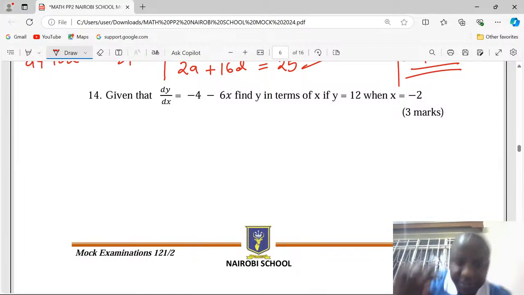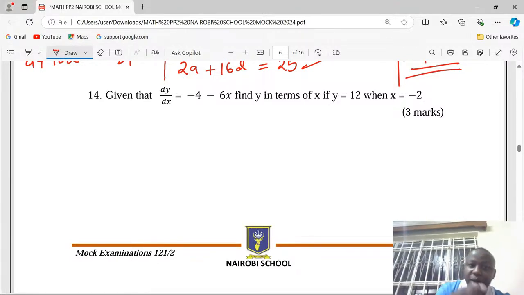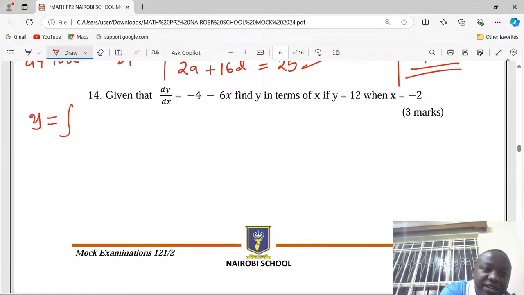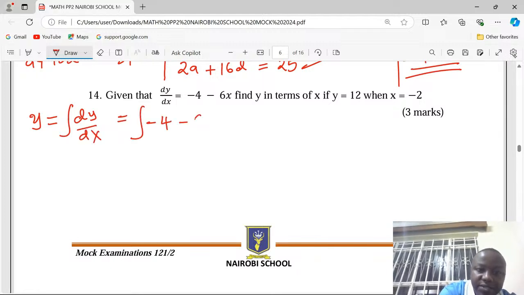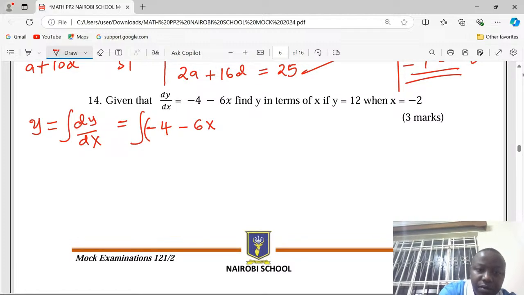So if this function has been differentiated to give us this, then we can do the antiderivative, or rather the integration, for us to get back our y. So for us to get y, we need to integrate the gradient function, which means we need to integrate negative 4 minus 6x with respect to x.